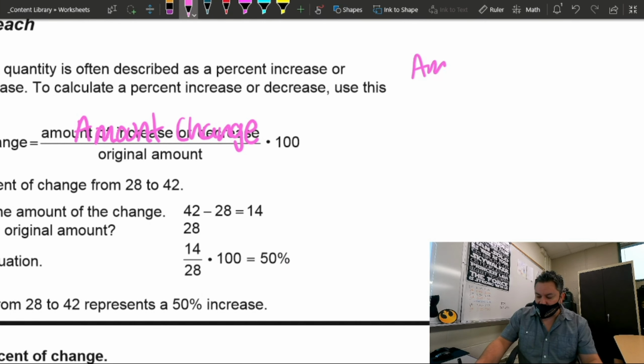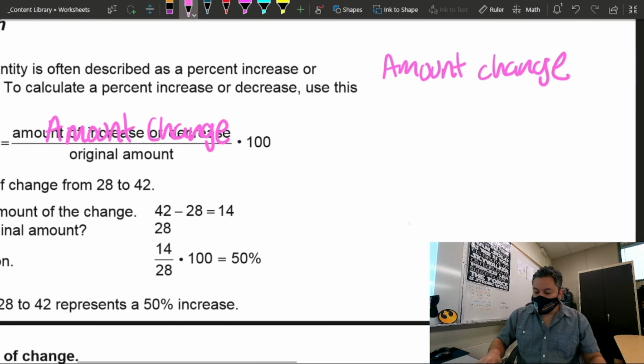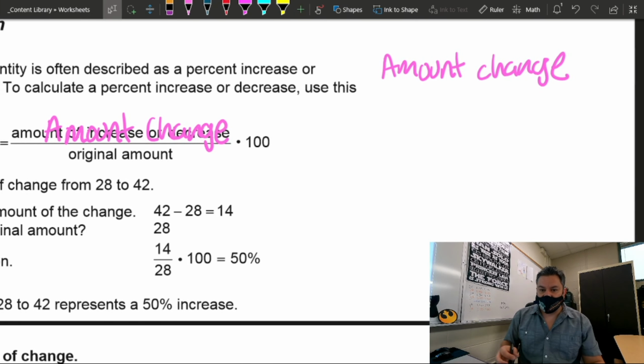So to find the amount change, I'm going to do it on the side, and it is very, very easy. Anytime you need to find the percent change, you're going to be given two quantities. There's going to be two numbers, and one of them is going to be smaller than the other one.